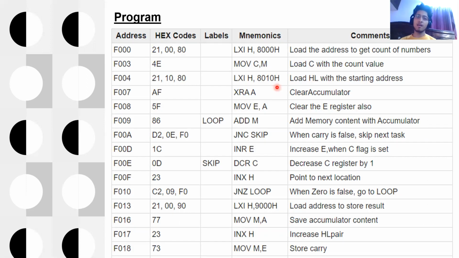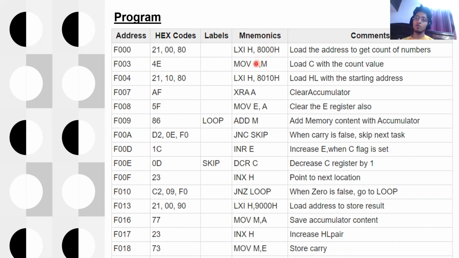So when you understand the algorithm and some basic instructions, it becomes very easy to write a program. This LXI H will store 8000 in the HL pair, which is basically our counter as told in the previous slides.